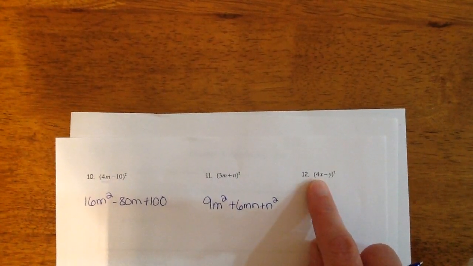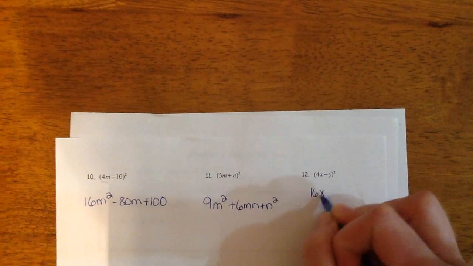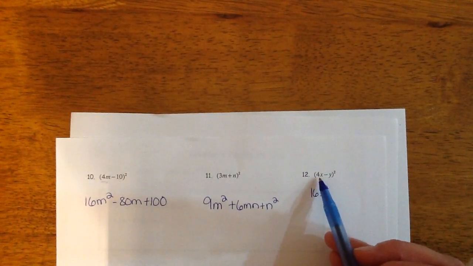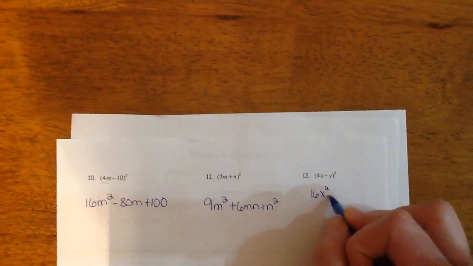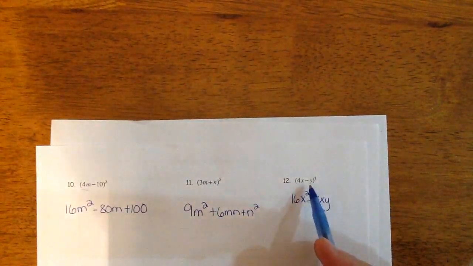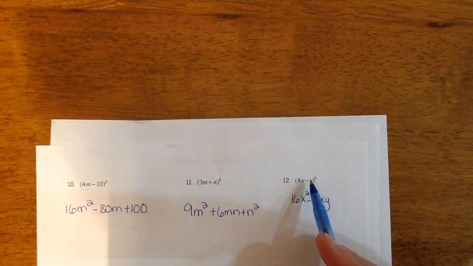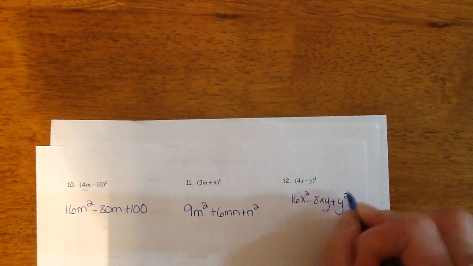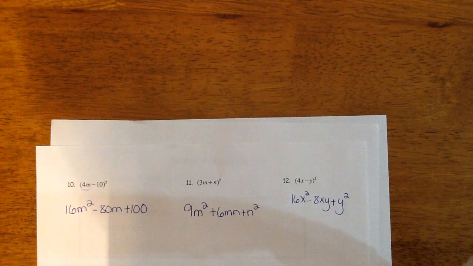We're going to square the first. We're going to multiply them together. So that's negative 4xy. And we're going to double it. And then we'll square the last. So negative y times negative y. And that would be your answer.